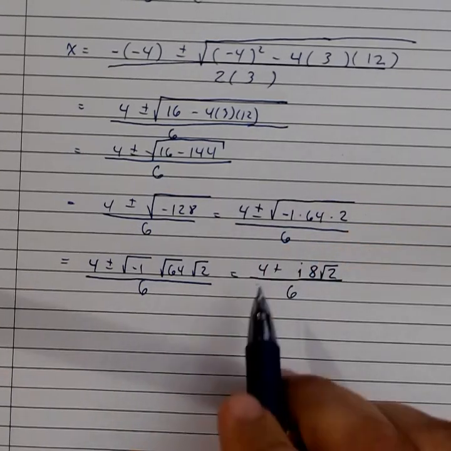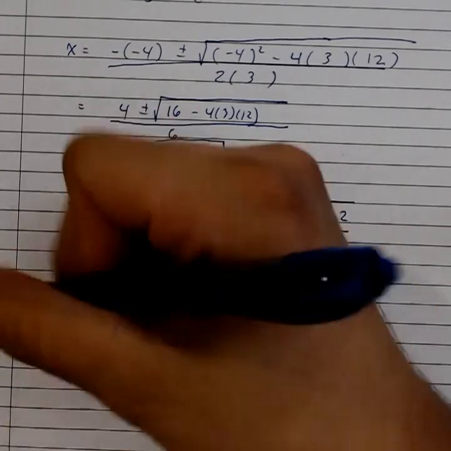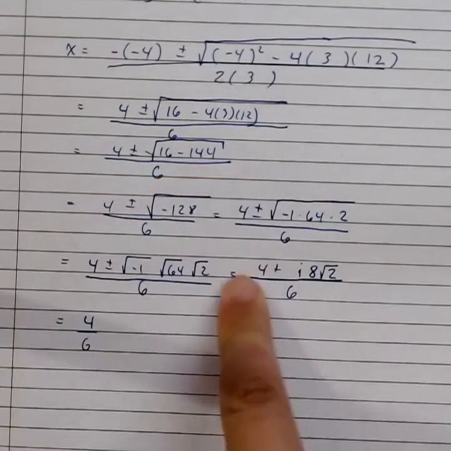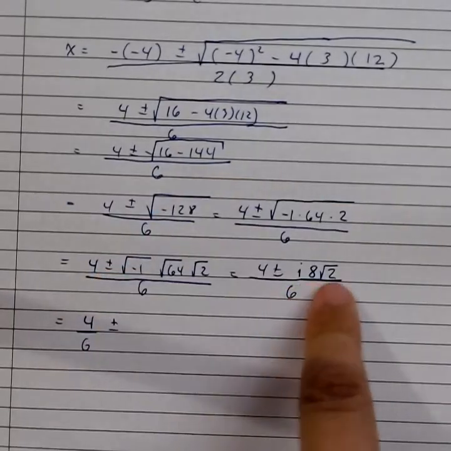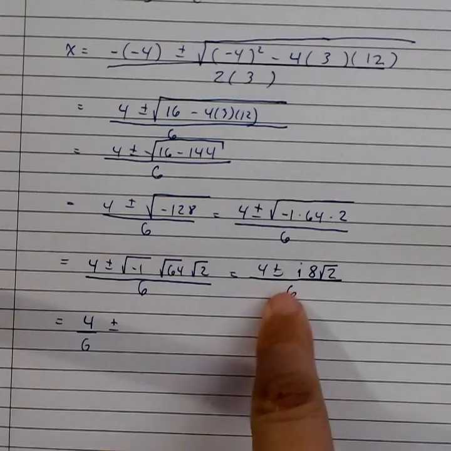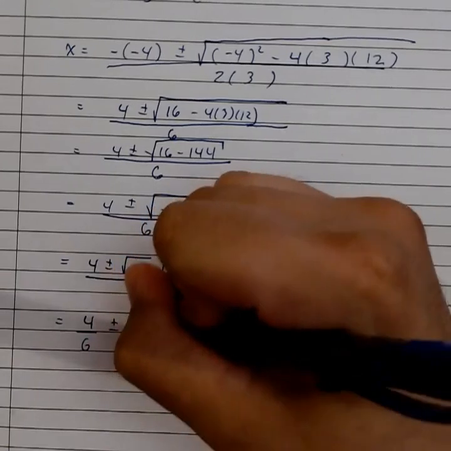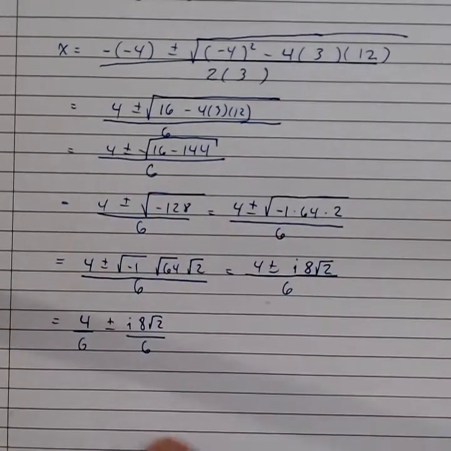And now remember, whenever you have a complex number divided by a real number, we separate and simplify. So that's going to be 4 over 6 plus or minus i times 8 root 2 over 6. And now those can be reduced.